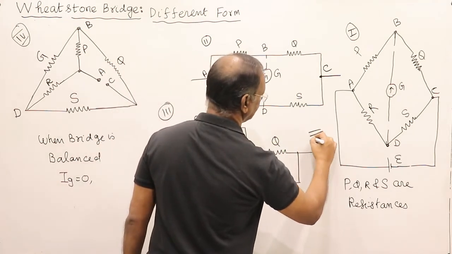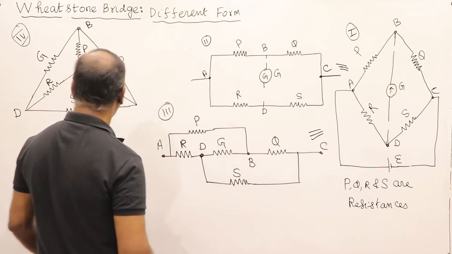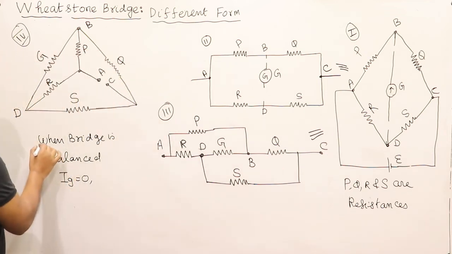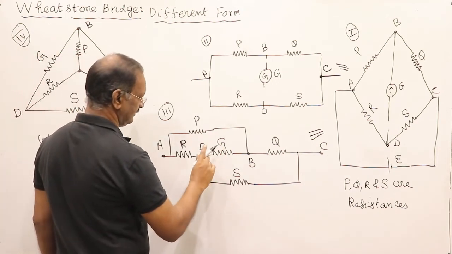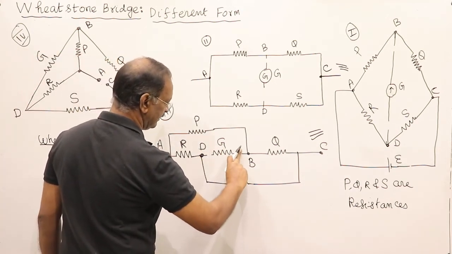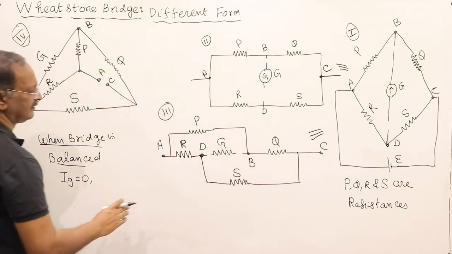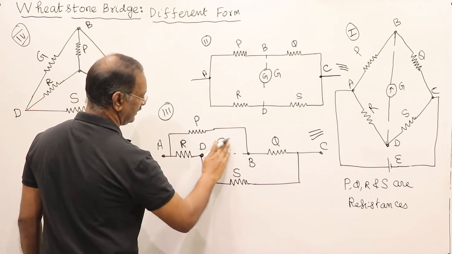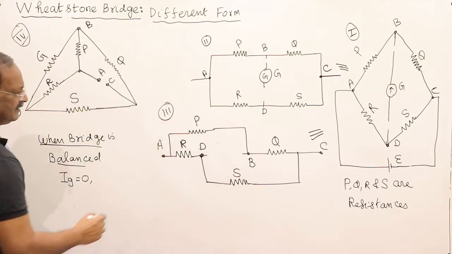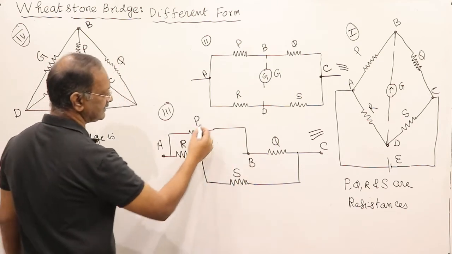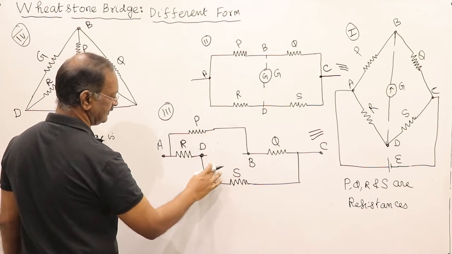So this is also an equivalent circuit when the bridge is in balanced condition. That means the branch having the galvanometer can be removed, so the remaining circuit will be like this. Now this and this are in series, and these and these are in series, and the two are in parallel.